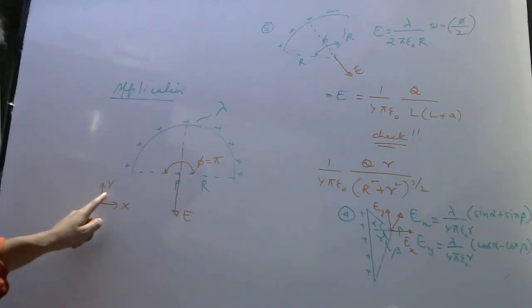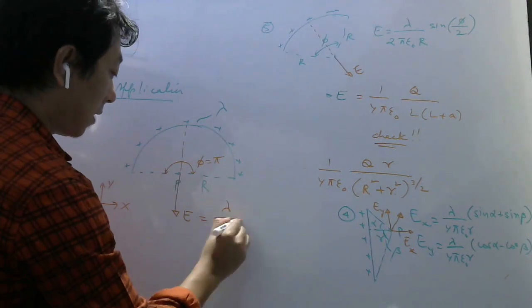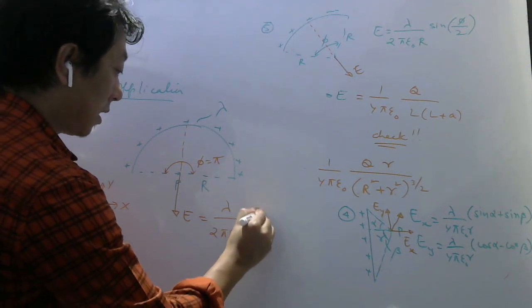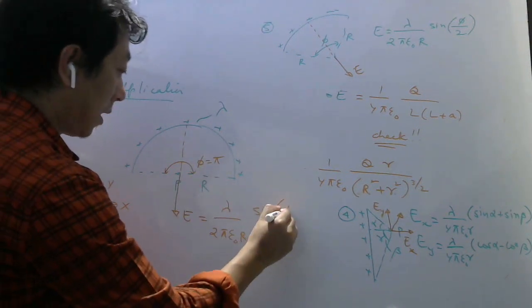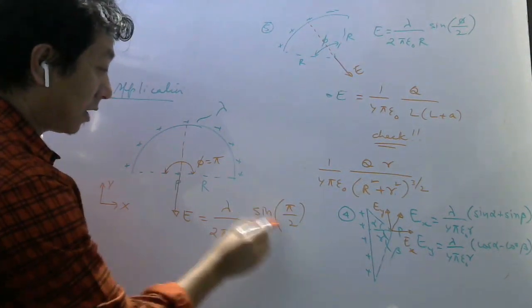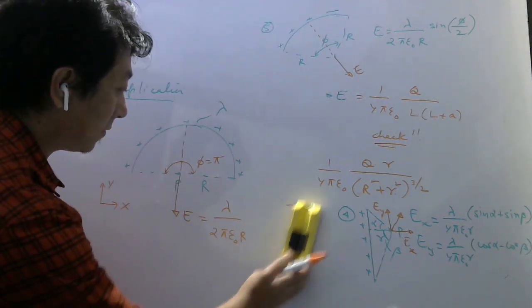And what will be the magnitude? Lambda divided by 2 pi epsilon naught r, sine of phi by 2. Phi is pi, no? So the angle is pi by 2, and sine 90 degrees is 1.